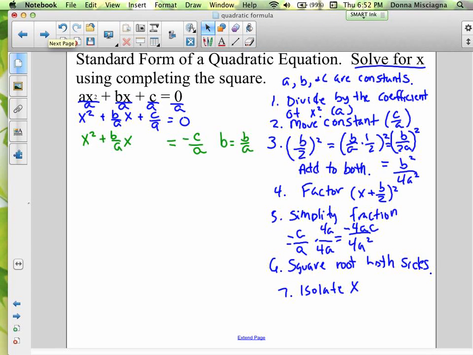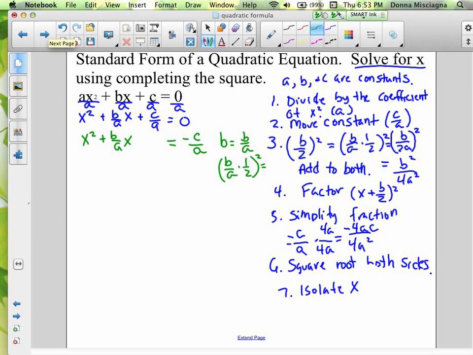Well, dividing by 2 is the same as multiplying by a half, right? So we're going to multiply by a half, and then we're going to square it.